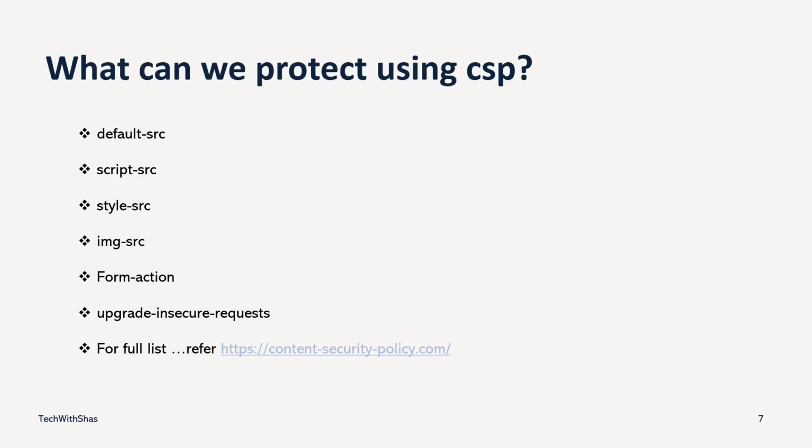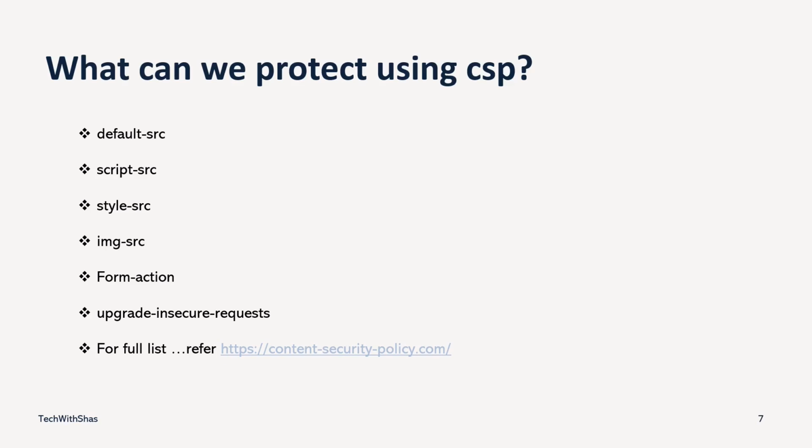So what are the various resources we can protect with this CSP? We can protect our scripts, which are the major area where most attacks happen, as well as styles and images. We'll look into all these one by one.